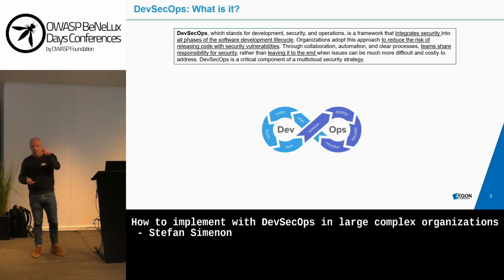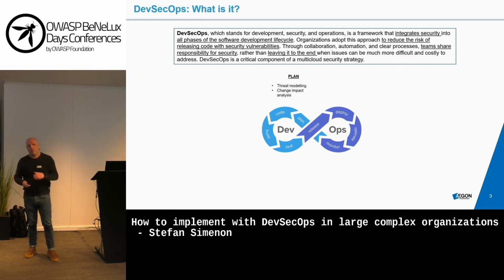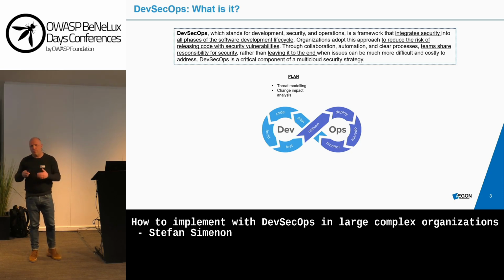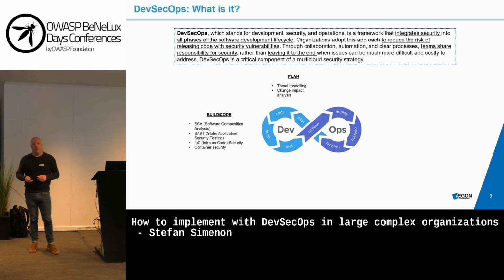And it's a critical component in a multi-cloud security strategy. Now, everybody knows this diagram, this picture. So, ideally you should start with your security assessments, with your threat modeling at the planning phase of a project or an activity. It's not often happening in large organizations, but it's an important piece to start with threat modeling at an early stage.